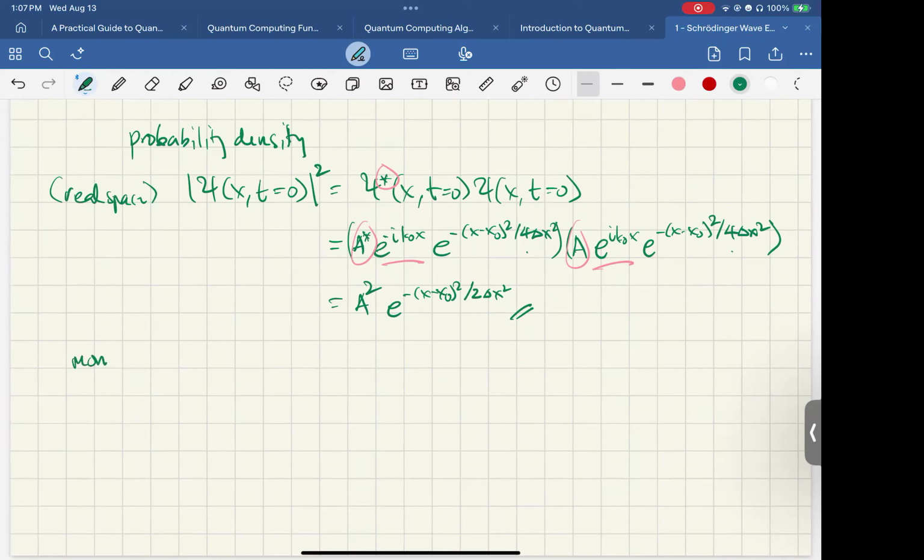So in momentum space, we can write this wave function at t equal to 0 as 1 over a square root of pi, exponential negative i, k minus k naught x, exponential minus k naught squared delta x squared.